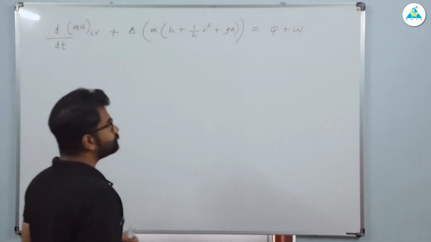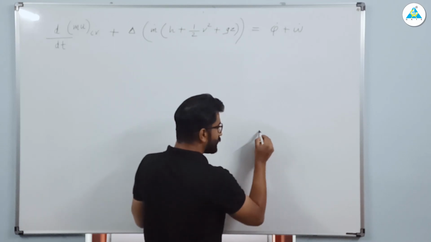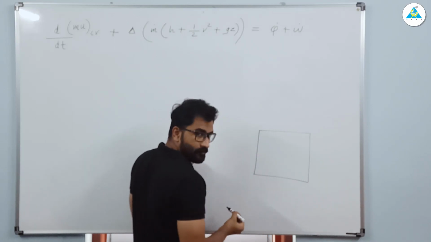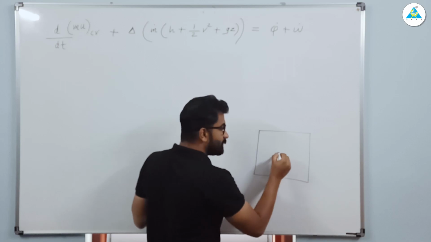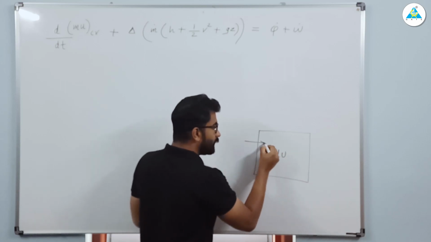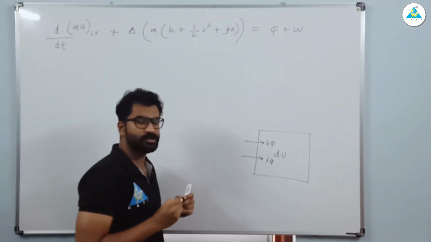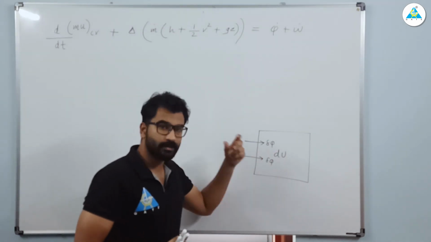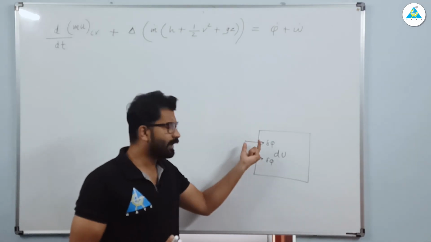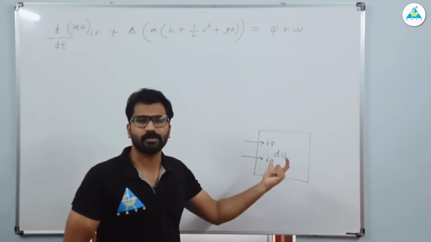In the last class we also said that for a closed system we write the energy balance as dU equal to delta Q plus delta W. That is, whatever energy change is there inside the closed system is due to heat transfer and work transfer.